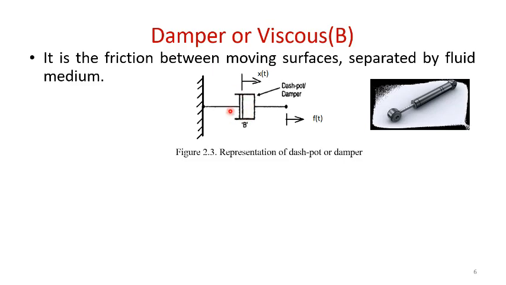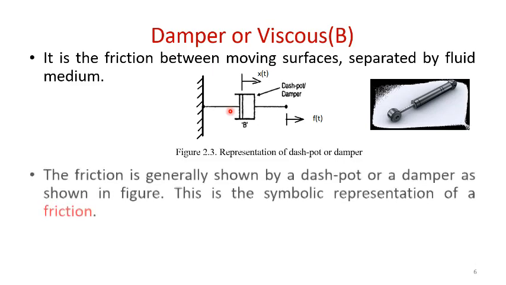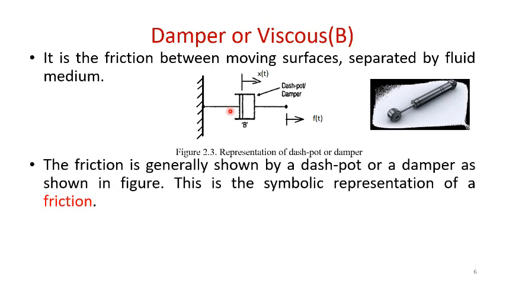Hence the fluid acts as a medium for absorbing shock, or damping, because it resists the flow of fluid, which gives a damping effect. The friction is generally shown by a dashpot or a damper, as shown in the figure, and symbolically it is a representation of friction.